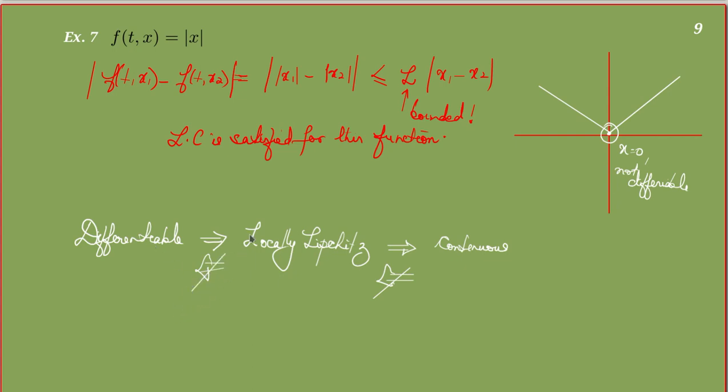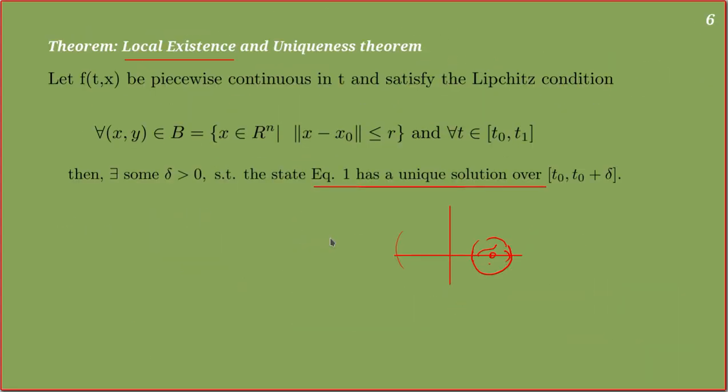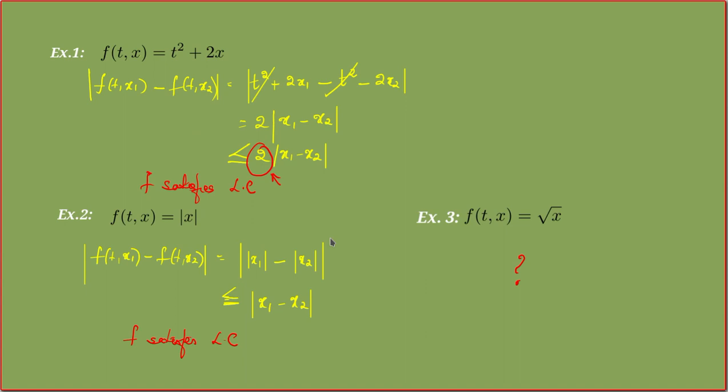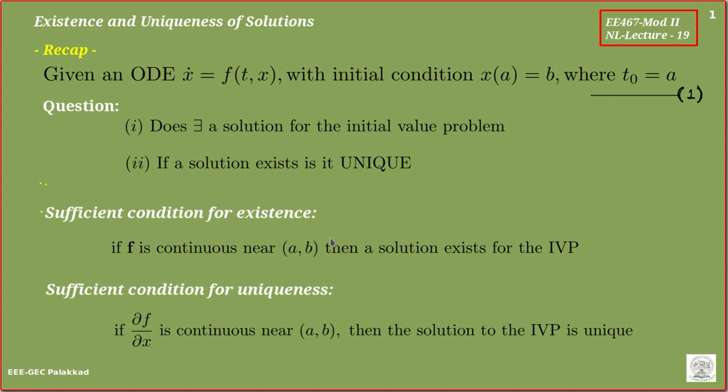Okay, so these are the certain things of interest, and what you have to understand here is that a solution exists for a given equation if f is continuous, and if it is continuous as well as Lipschitz continuous, then the solution would be unique.